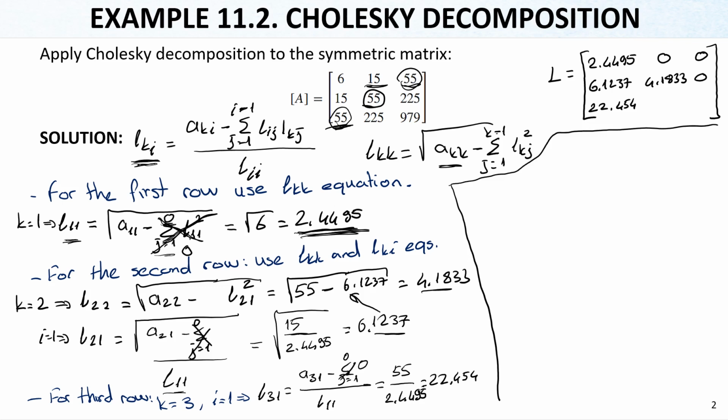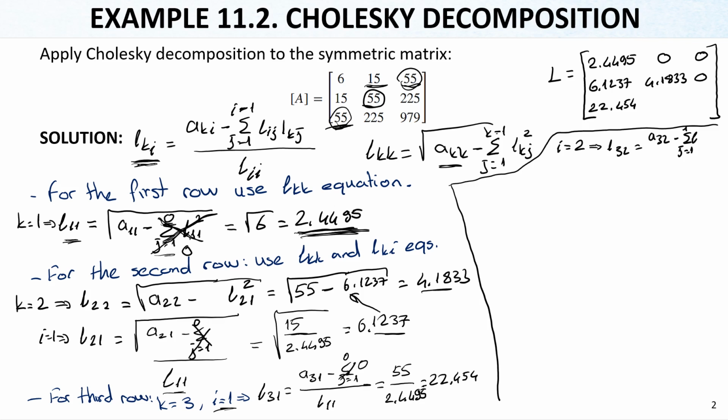So let's continue on the right side here, maybe. Now we did i equals 1. Now let's work on i equals 2. And of course k equals 3. And the same equation, L32 is equivalent to A32 minus the summation, and j equals 1. So we will only have Lij.